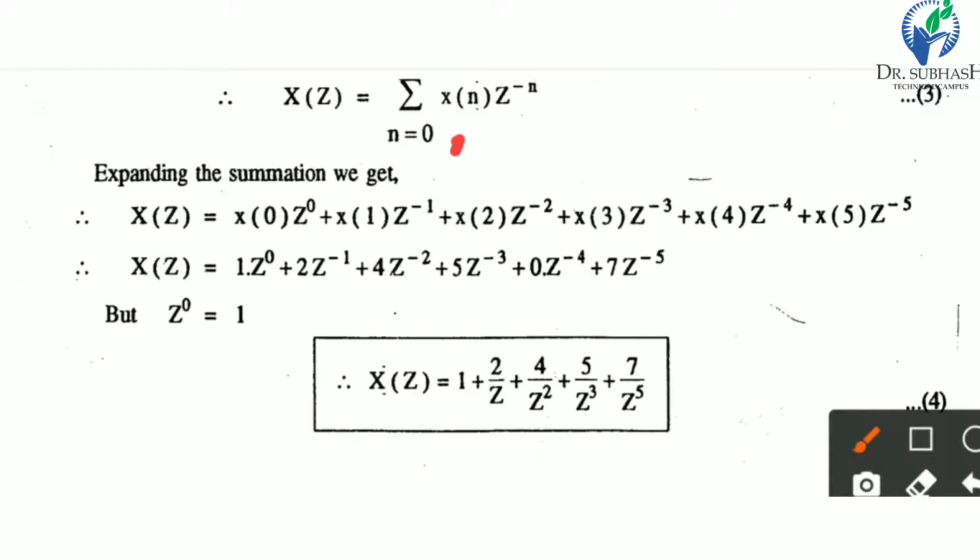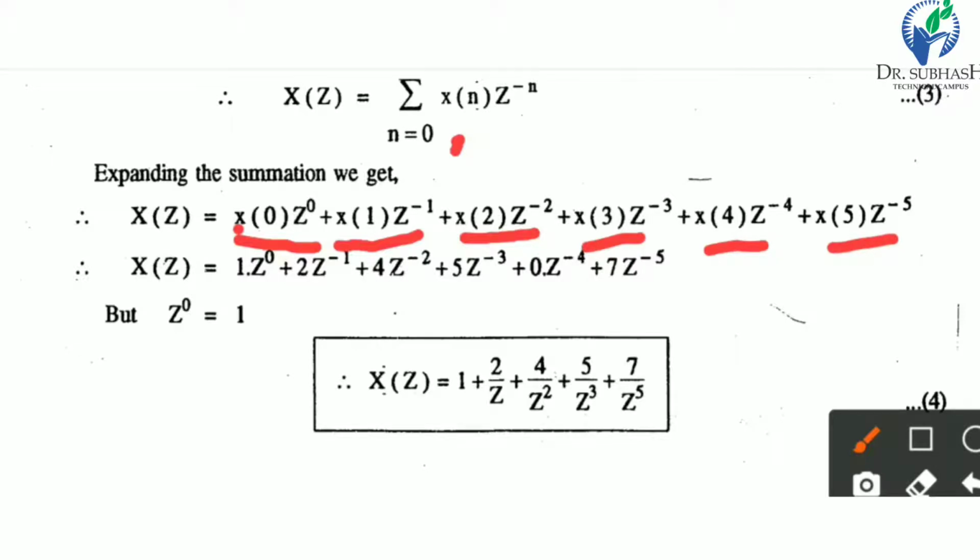So x of z equal to x of 0 multiplied by z raised to 0, x of 1 multiplied by z raised to minus 1, x of 2 z raised to minus 2, x of 3 z raised to minus 3, x of 4 z raised to minus 4, x of 5 z raised to minus 5.